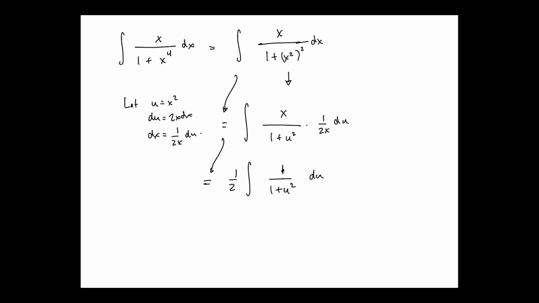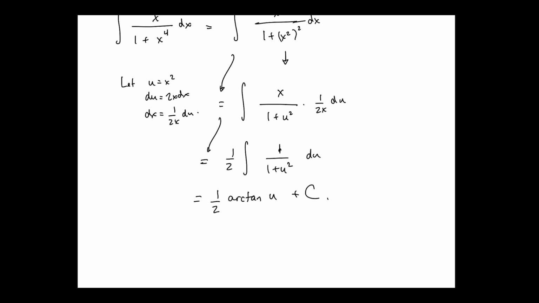It's the derivative of arctangent. So we do still have to remember all of our basic ones. Arctangent is maybe the most spicy of the basic ones. And then what's the last step? Yeah, substitute back in.